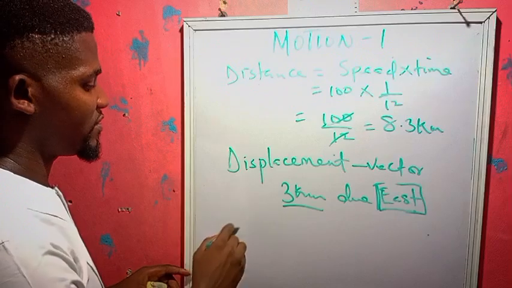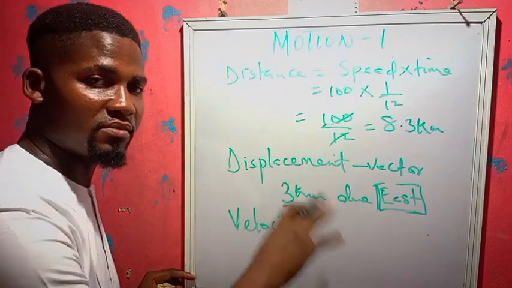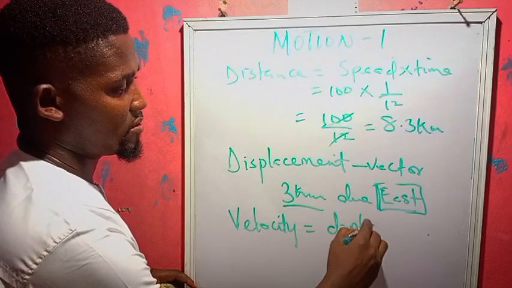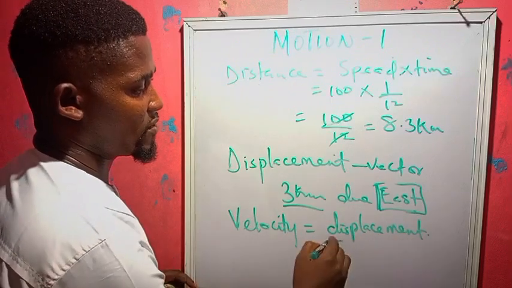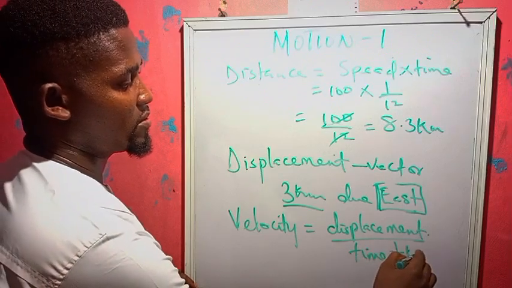Now that takes us to velocity. Velocity, on the other hand, is the rate of change of displacement with time. So velocity is displacement over time taken.